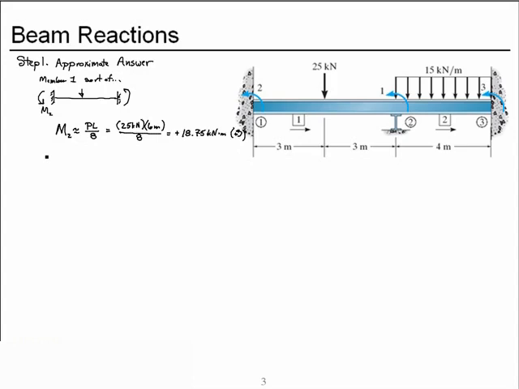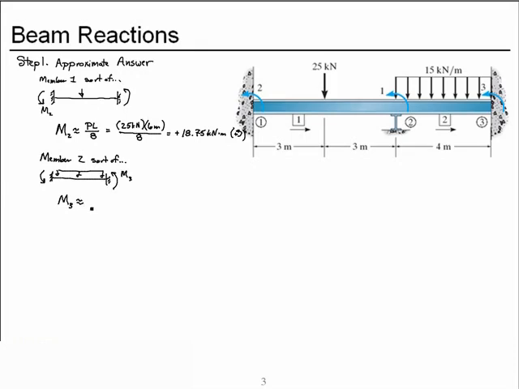Well, member 2 sort of resembles a fixed beam under this situation. So the moment reaction at node 3 is degree of freedom 3, so we'll call it M3.